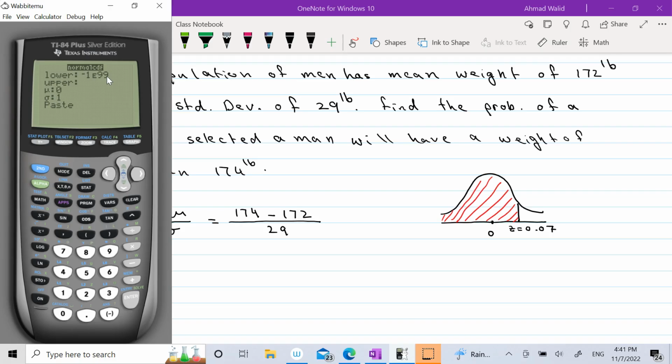It asks you the lower, because here if you look at the picture, your lower is negative infinity, but you can type a number like negative 10 here, correct? Let's type, for example, negative 10. That's my lower. My upper, I know that my z-score is 0.07.